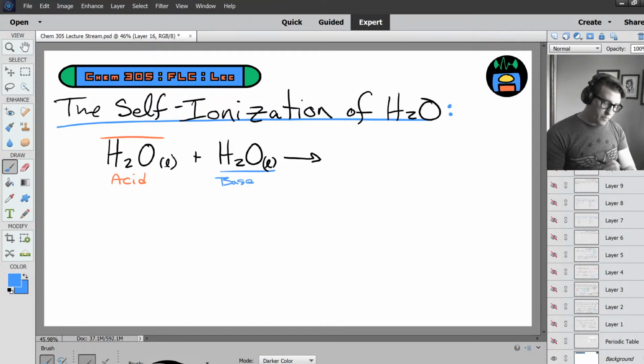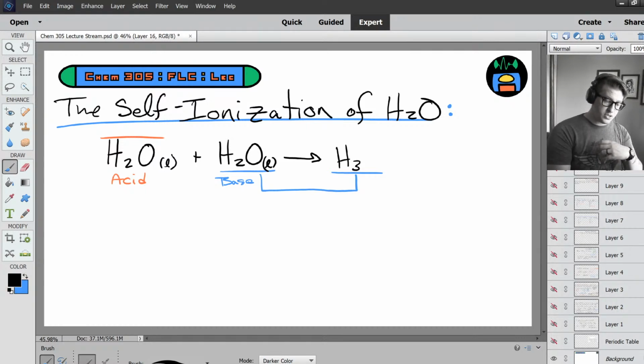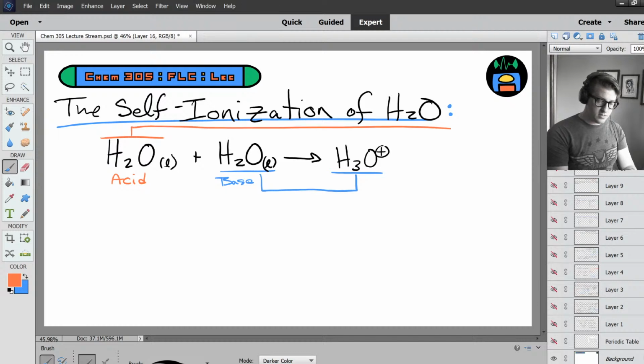So, Bronsted-Lowry definition of acids and bases: H2O, when it's a base, will accept a proton, so it will become H3O plus. And when water is an acid, it donates a proton, so it will become hydroxide, OH minus.